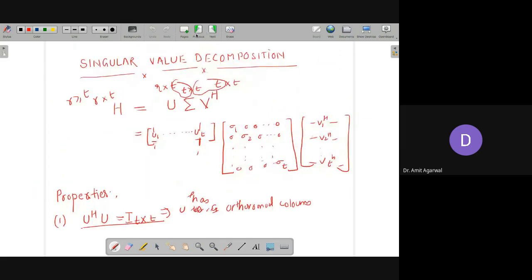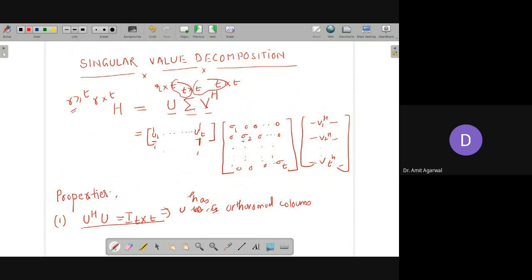So what we have seen is that we can decompose any matrix of R cross T, where R is greater than or equal to T, in this manner: U sigma V Hermitian, where U has columns which are orthonormal.